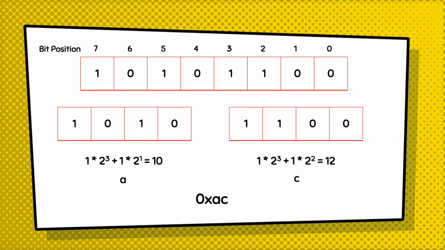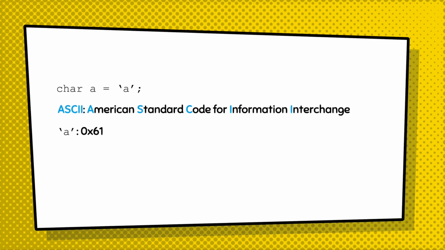Next, let's talk about how to use bytes to represent different types of variables. First, let's take a look at character. Suppose we have a character, c equal to letter A. How are we going to store letter A in memory? We will first convert letter A to a number, and the way that we convert it is to use ASCII, American Standard Code for Information Interchange.